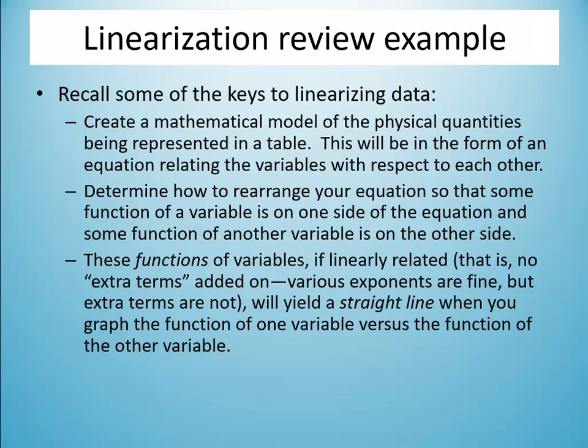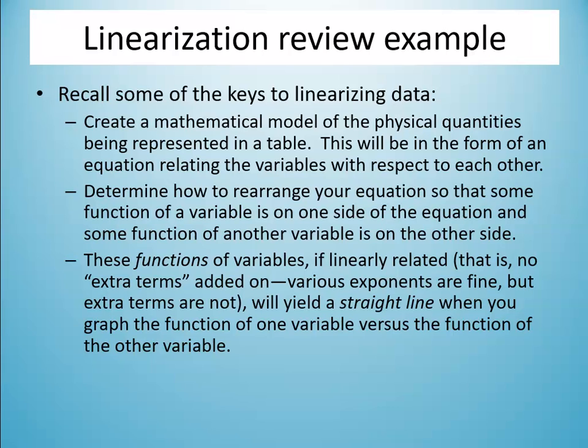But what if you were to make a plot of the kinetic energy of an object as a function of its speed and use that to try to calculate the object's mass? Well, plotting K versus v would not be a good idea because that would end up giving you a parabola. But if you were to plot K versus v squared, in other words, you made a new column of data in your table and just squared every v value to get a v squared, and you plotted K versus v squared, the slope of that plot would end up being half of the mass.